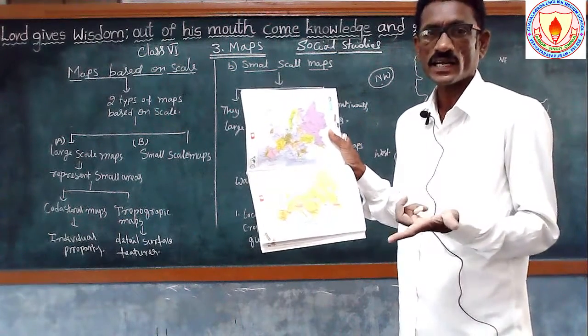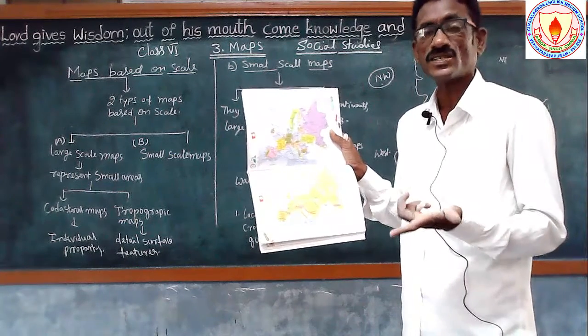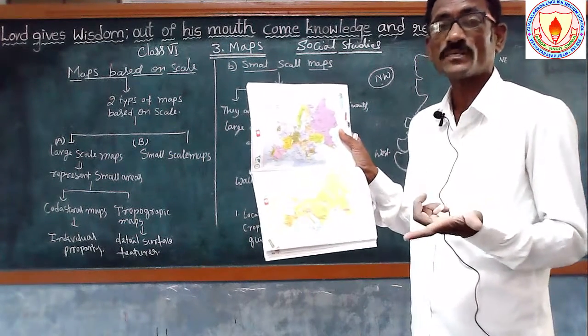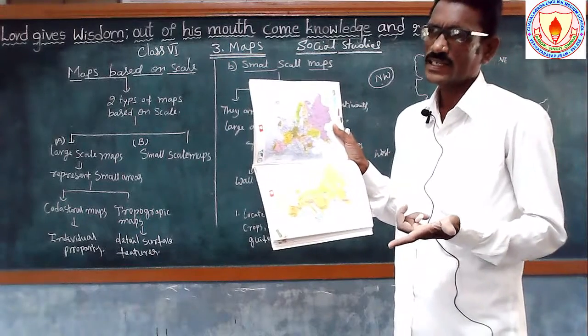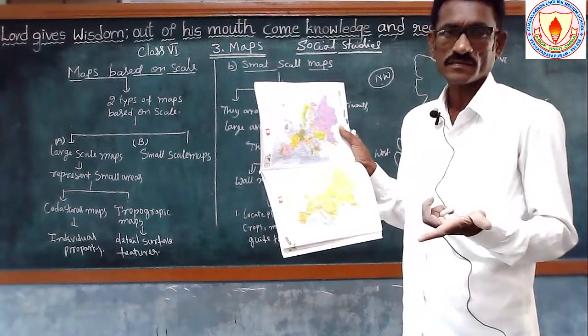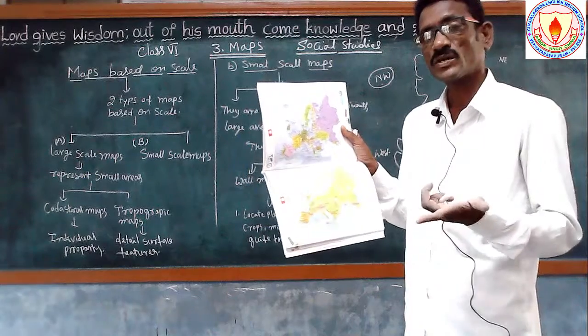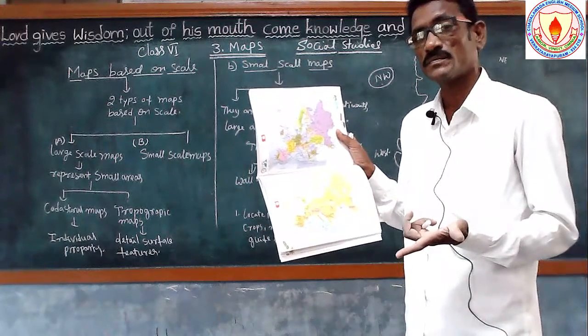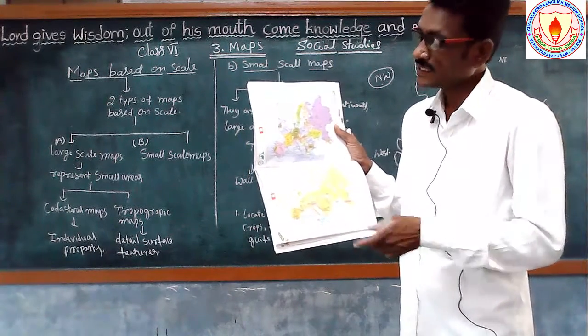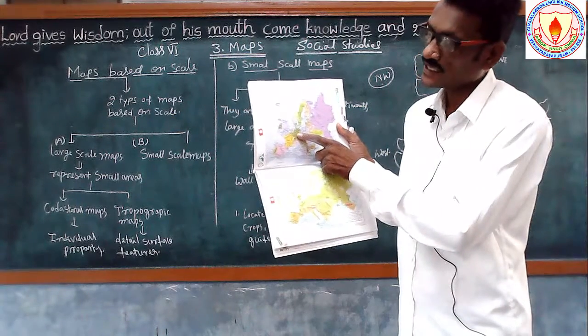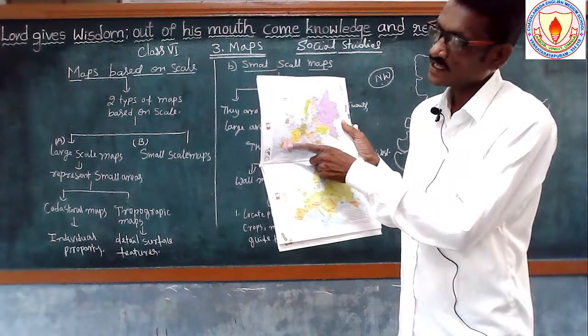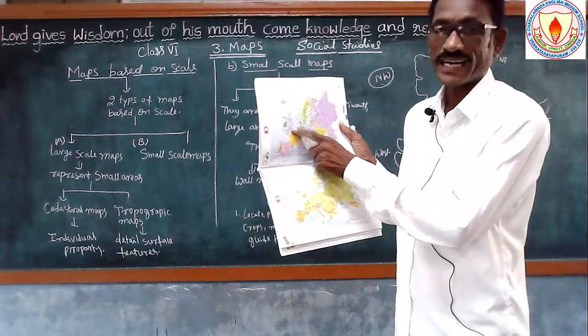Lisbon, and Spain's capital is Madrid. What is the east boundary of Spain? Spain's east boundary is France, and what are the eastern boundaries of France? Here Belgium and Germany. See, these are located here. Germany is this, and this is France and Spain, Portugal, England.